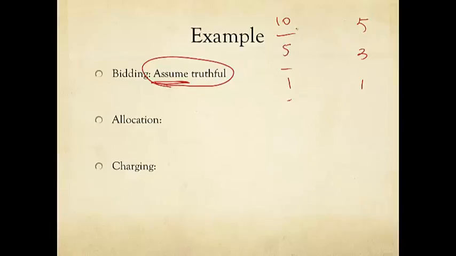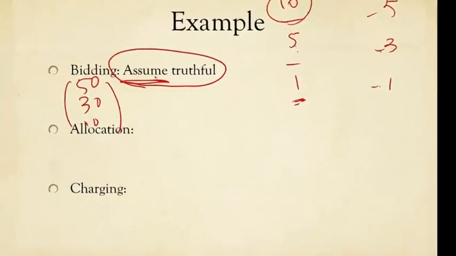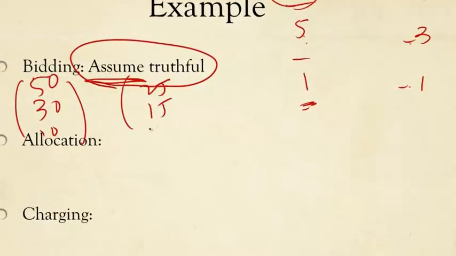The first user will bid $50, $30 and $10 for the 3 ad spaces. The second user will bid 5 times 5, $25, $15 and $5. The third one will bid 5, 3, 1 for the 3 ad spaces. Those are the bids: 50, 30, 10, 25, 15, 5, and 5, 3, 1.